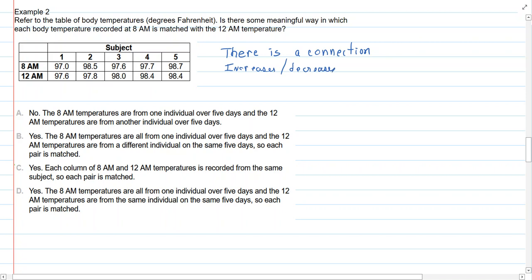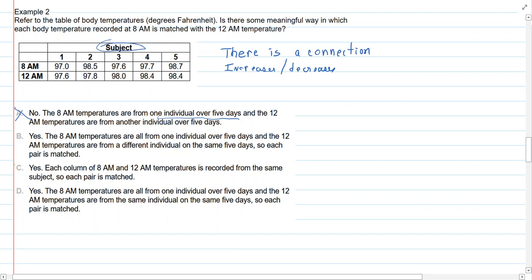No, the 8 a.m. temperatures are from one individual over 5 days, and that's wrong because these are subjects, so that's wrong. Yes, the 8 a.m. temperatures are all from one individual over 5 days. No, it is the subject.